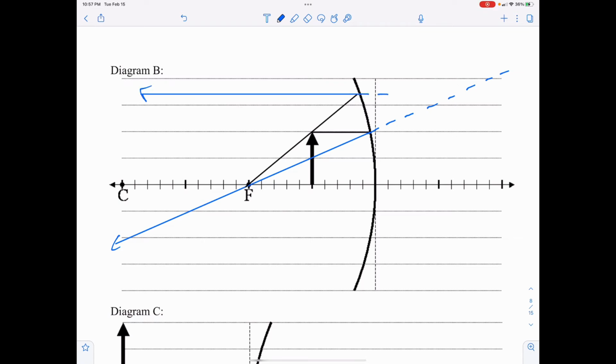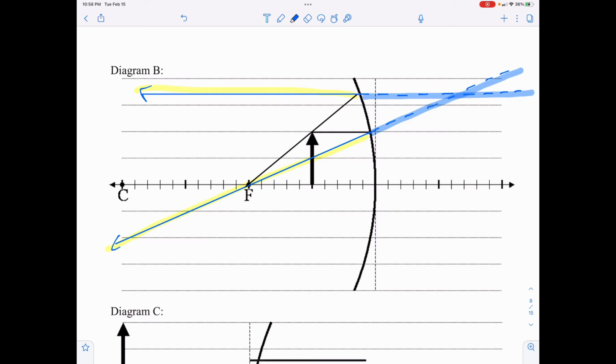And you would have a parallel back ray going into the mirror. Now notice, if your reflecting rays are diverging, your back rays are converging. And the converging of those two back rays is where the image is going to be formed.